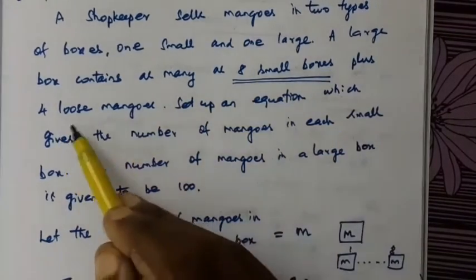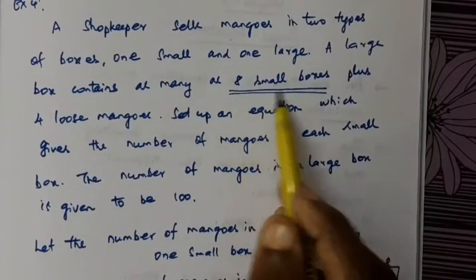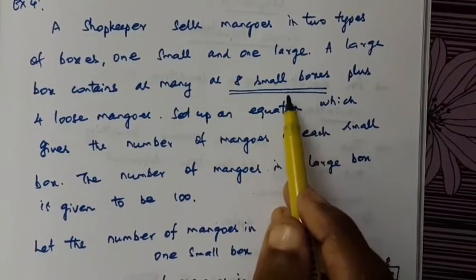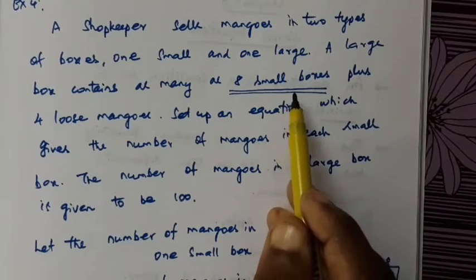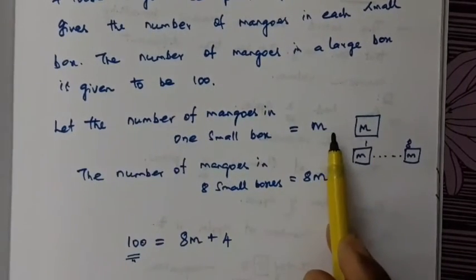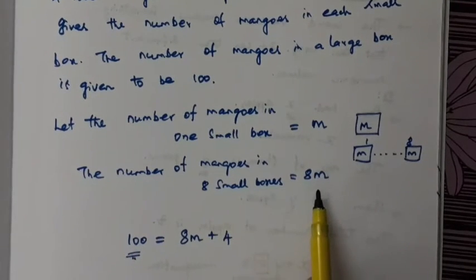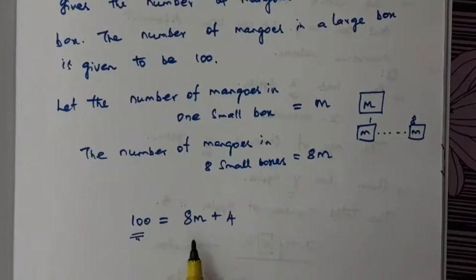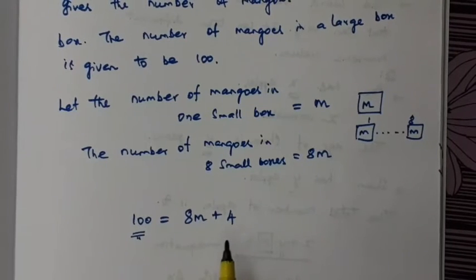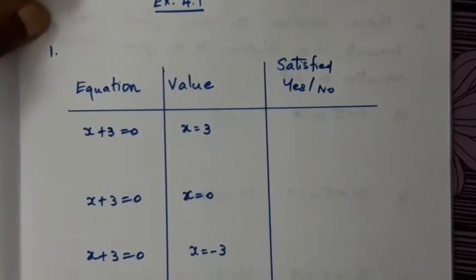I have written the 4 loose mangoes as plus 4, and for 8 small boxes we write how many mangoes there will be. One box has m mangoes, so 8 small boxes will have 8m mangoes. So 100 is equal to 8m plus 4. This is the equation.